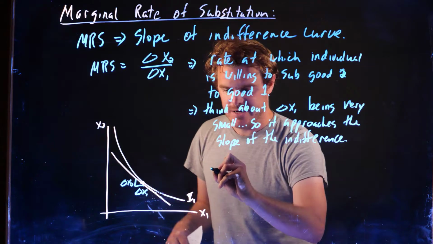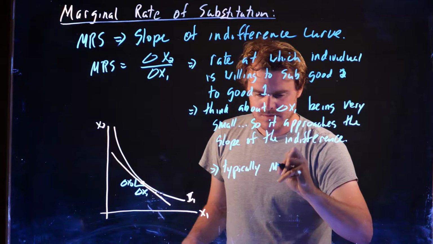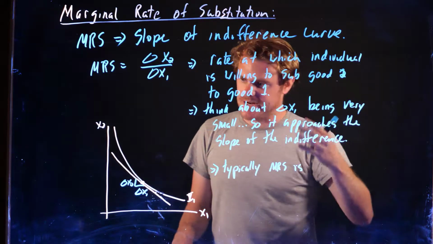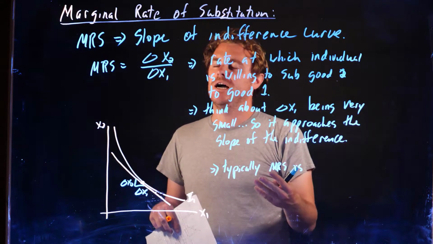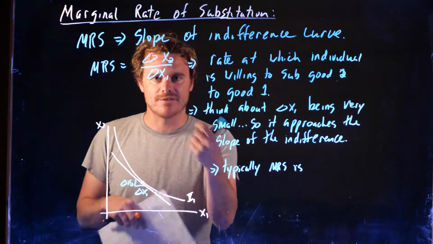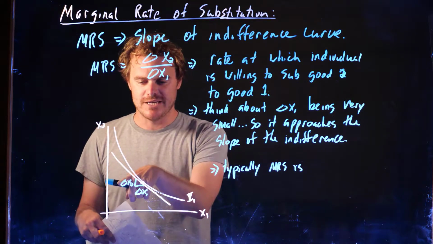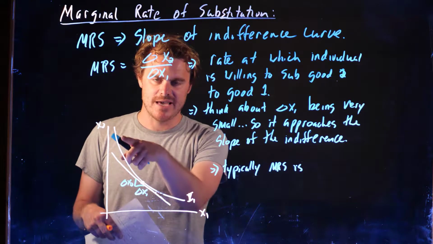So typically this is going to be a negative number, which might be a bit confusing because lots of times economists would say it as a positive number, even if the slope is negative, because you're trading. You're reducing your amount of x2 and seeing how much x1 needs to go up to stay on the same indifference curve.